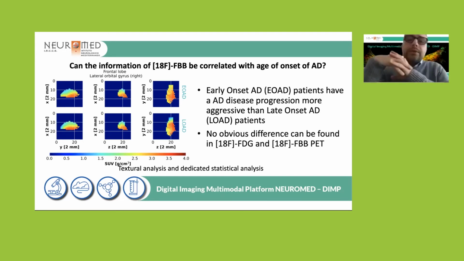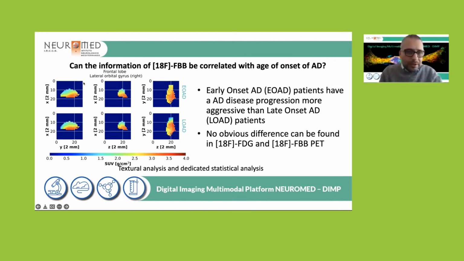So, from the clinical point of view, early onset Alzheimer's disease patients have a disease progression which is much more aggressive than late onset patients. Yet there is usually no obvious difference between early onset and late onset Alzheimer's disease, even using two tracers.